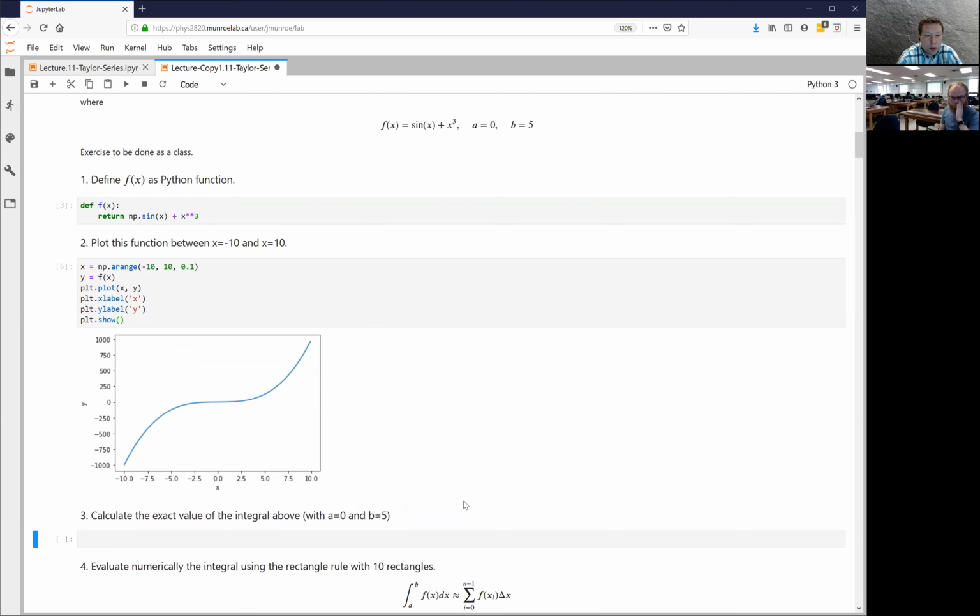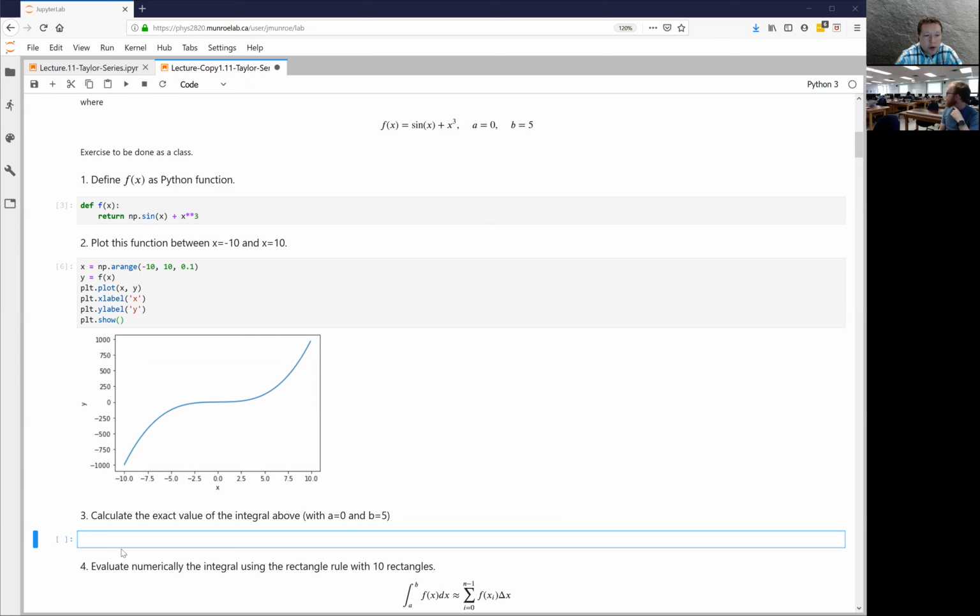Okay, so I want to take this function and calculate an exact integral. I want to actually figure out, using pen and paper, what that integral happens to be. So let me do it this way. Now, I think everybody who's in the room is also on Zoom, or most of you are.